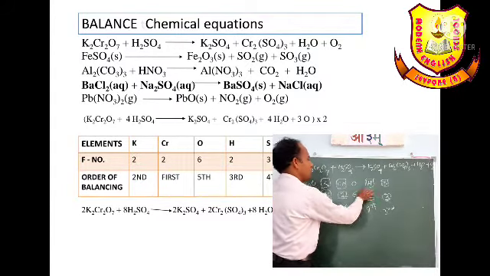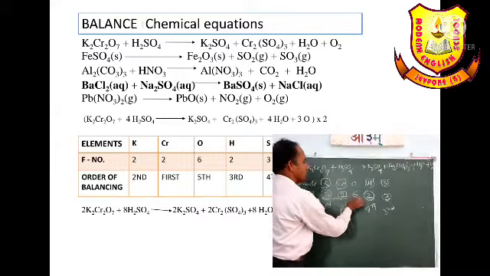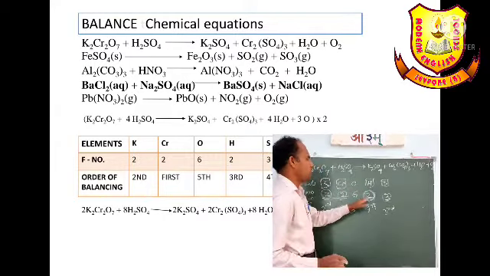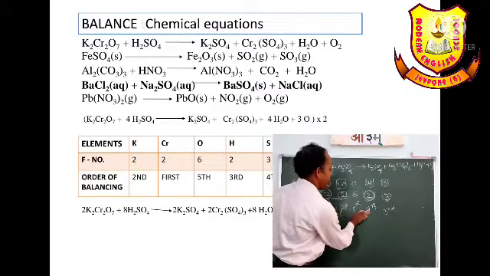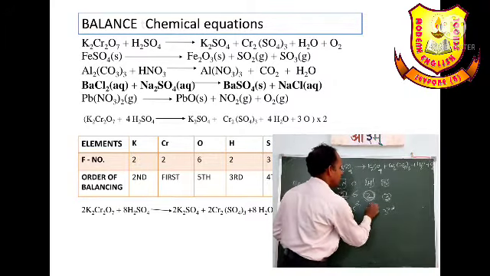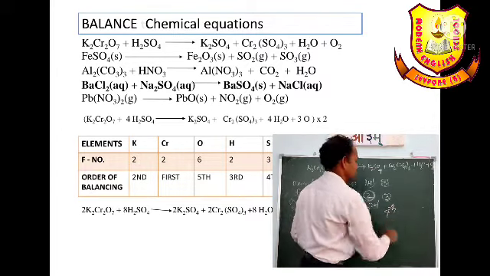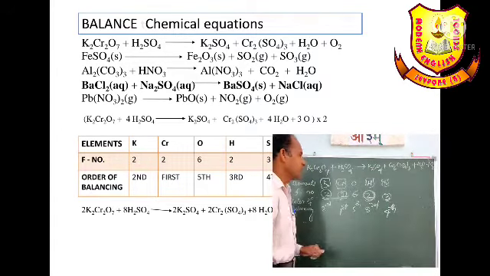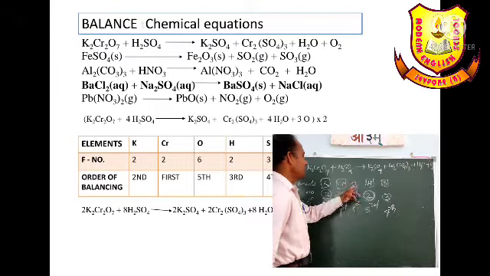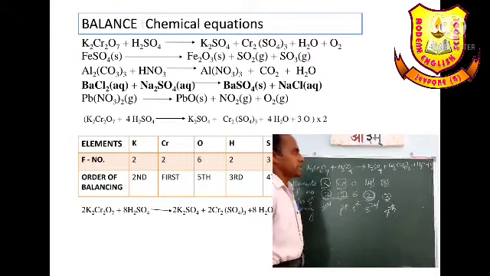According to increasing order of F number, hydrogen will be balanced in the third position, and then sulfur in the fourth position. Very good, nice, good. Thank you. Next, in increasing order, fifth position, oxygen is coming.